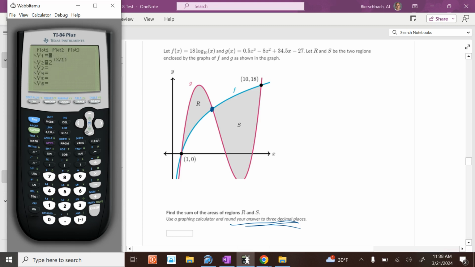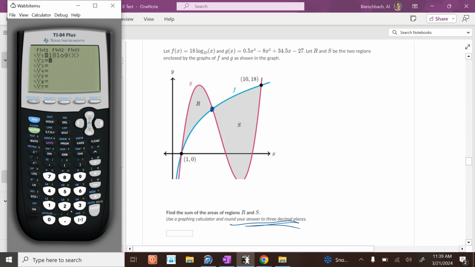So under y equals, one is 18 log base 10 of x, and it defaults to log base 10 here, so I don't have to put the 10 in.